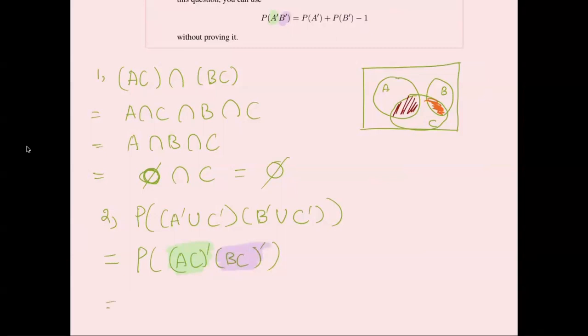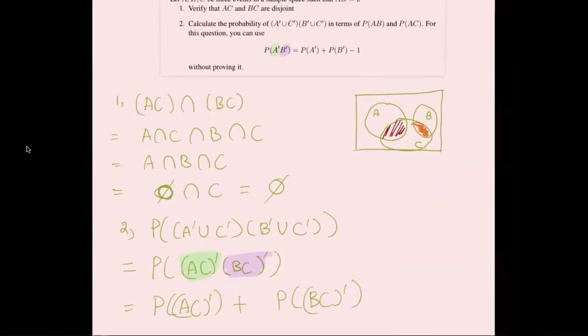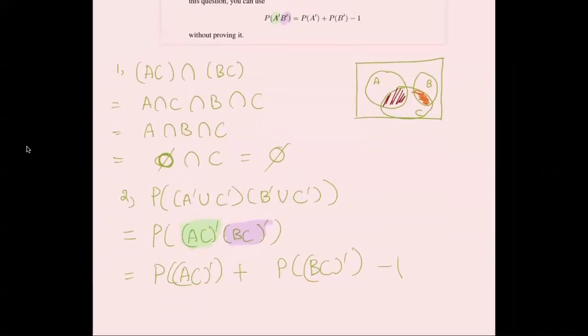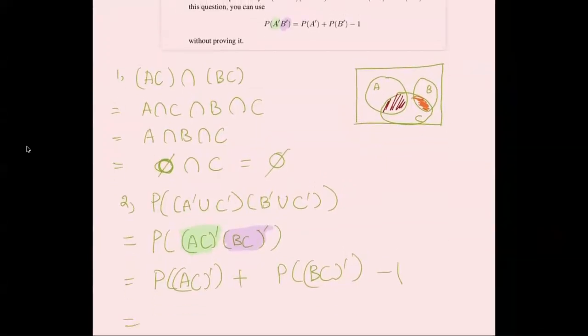Then what we have is probability of AC complement plus probability of BC complement minus 1. And then probability of AC complement is just 1 minus probability of AC.